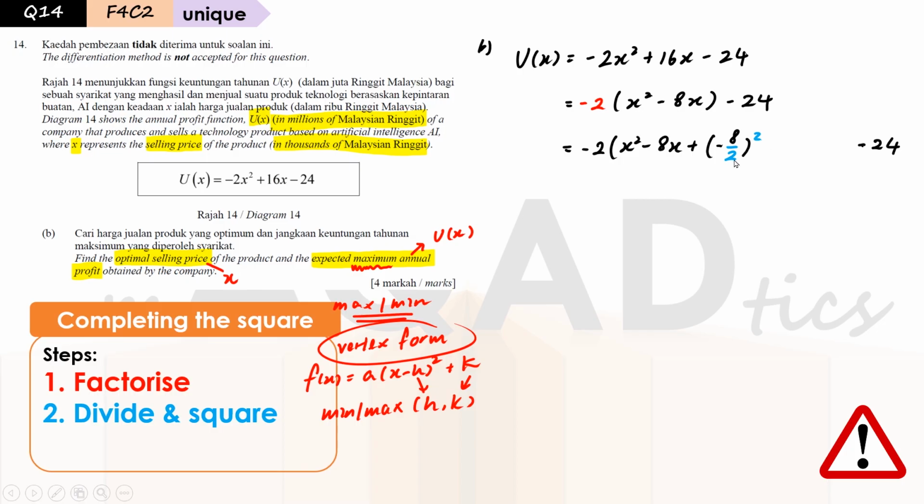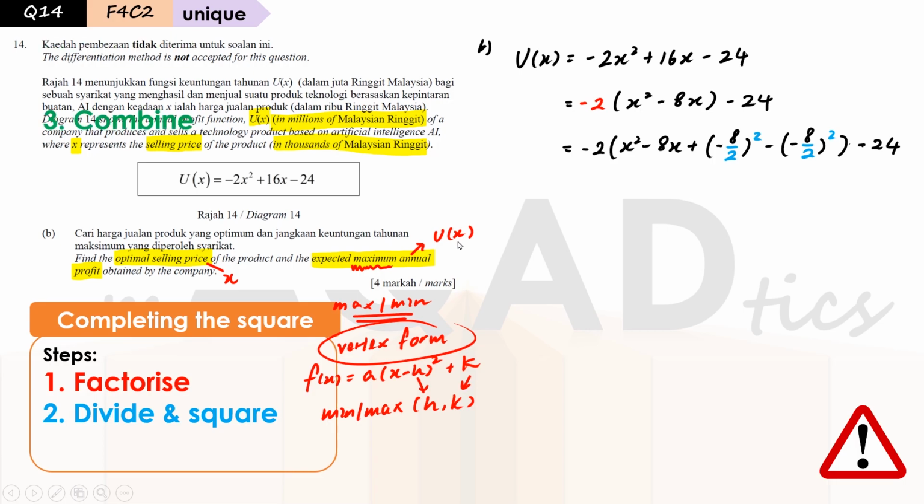Alright, so divide by 2 and square. So since we added this value, then at the back we are going to minus the exact same value. Right? So why we minus is because we want to make the equation balance, right? We cannot just add one thing and then not do the other thing, which is to minus. Alright, so this would be our second step.